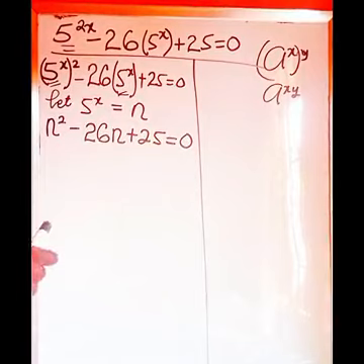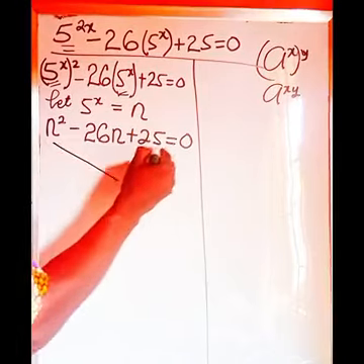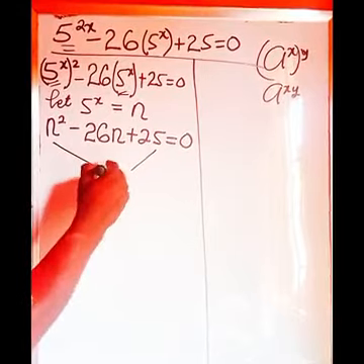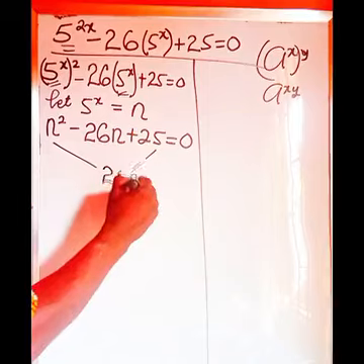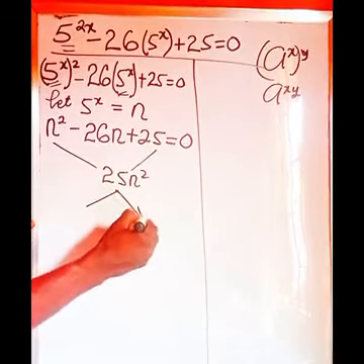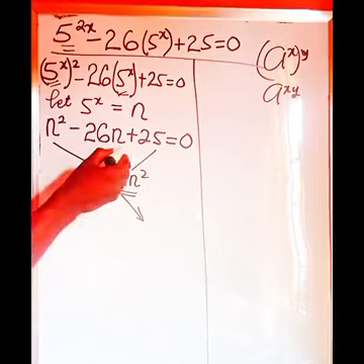You can go check our previous contents to see how we are able to deal with solving quadratic equations. So what do we do? Let's multiply this by this. n squared times 25 will give us 25 n squared. So we look for two terms which when multiplied will give us this, and when added, will give us the middle number.